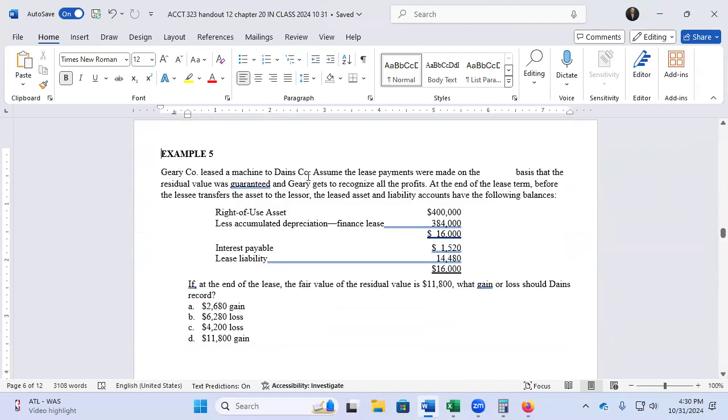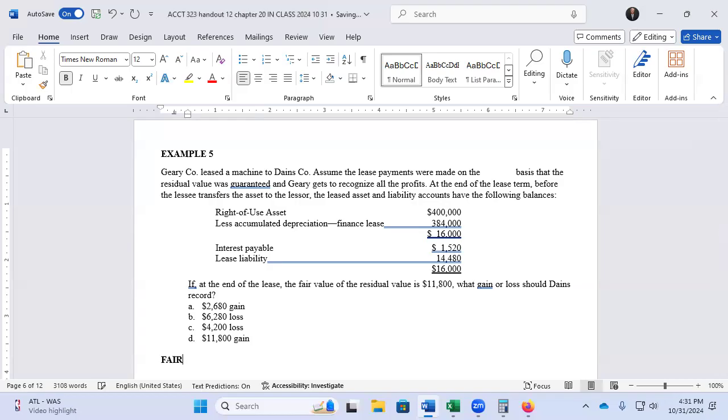Gary Company leased a machine to Dane's company. Assume the lease payments were made on the basis that the residual value was guaranteed and Gary gets to recognize all the profits. At the end of the lease term, before the lessee transfers the asset to the lessor, the leased asset and liability accounts have the following balances. If at the end the fair value of the residual value is 11,800, what gain or loss should Danes record?